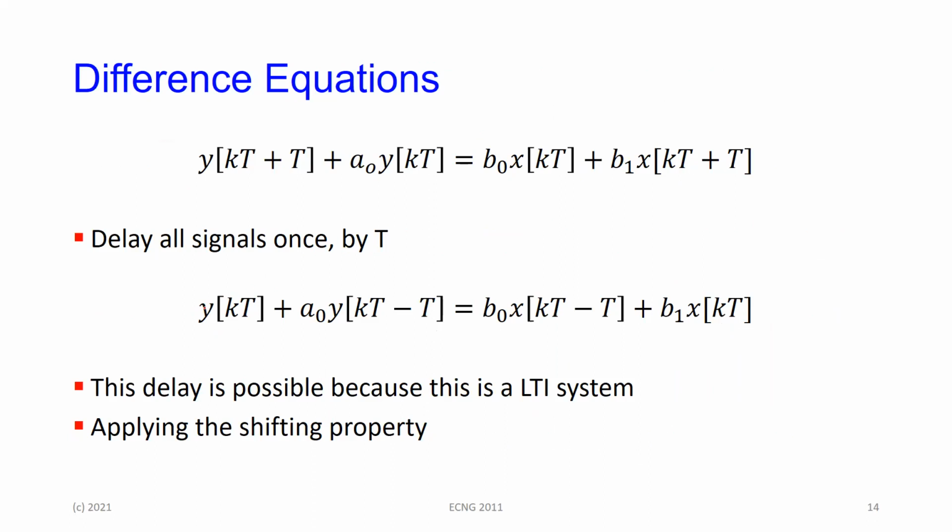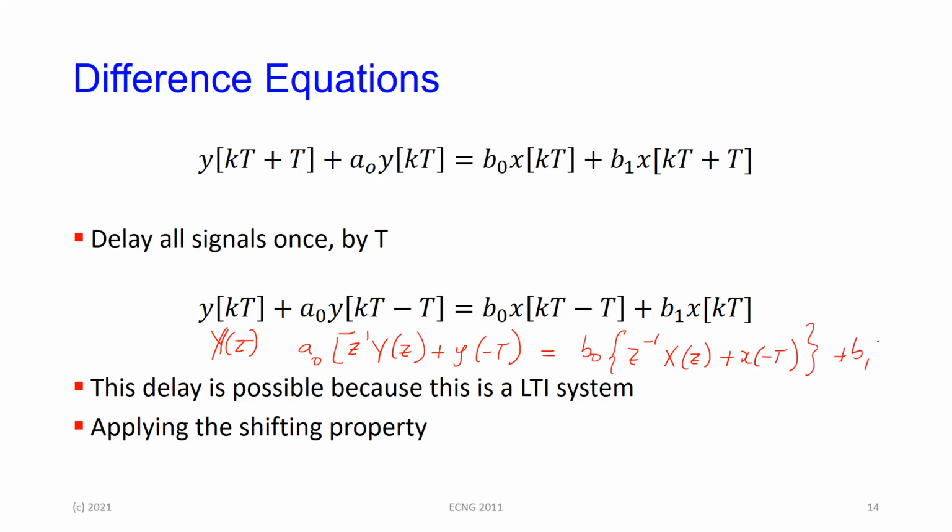So this will give me a Y(z), this will give me an a0 into z to the minus 1 Y(z) plus y[minus 1], and here you would have b0 into z to the minus 1 X(z) plus x[minus 1], and here plus b1 X(z).